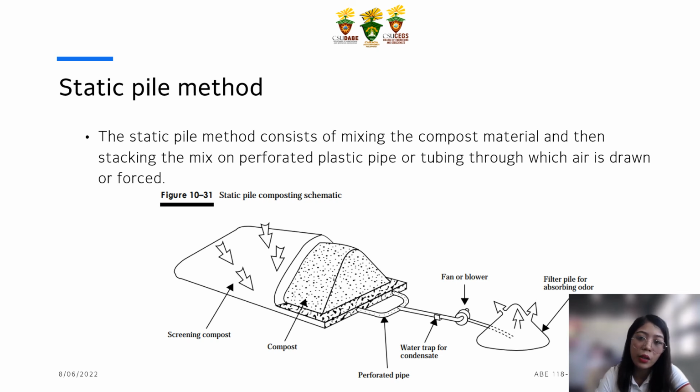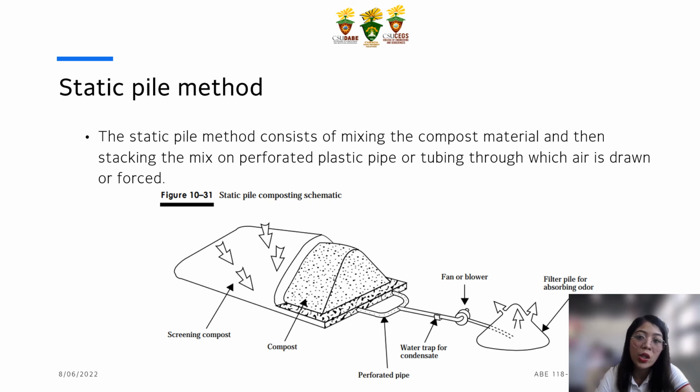The exterior of the pile generally is insulated with finished compost or other materials. In non-layered operations, the materials to be composted must be thoroughly blended before pile placement. So, i-mix siya pag-ayo before siya i-pile.